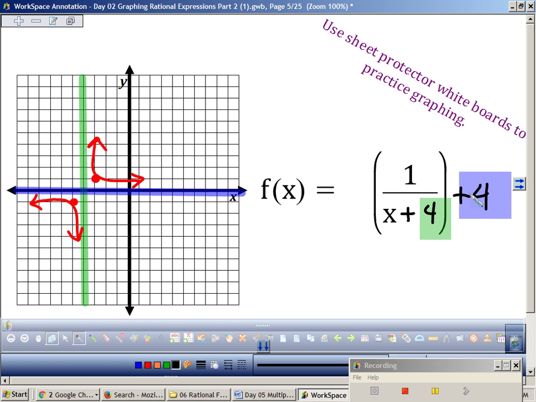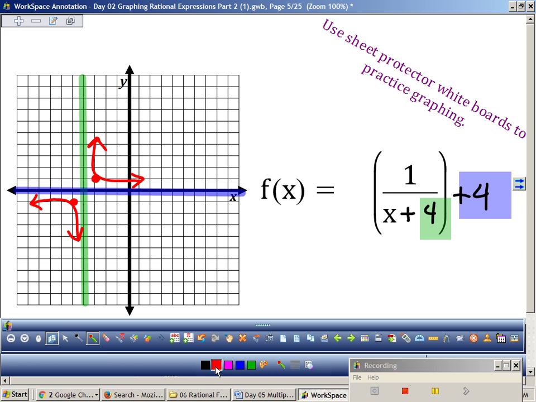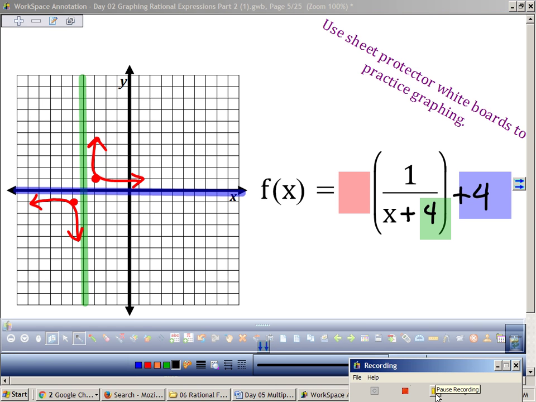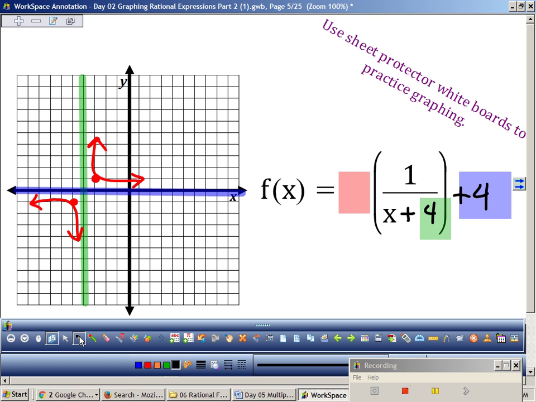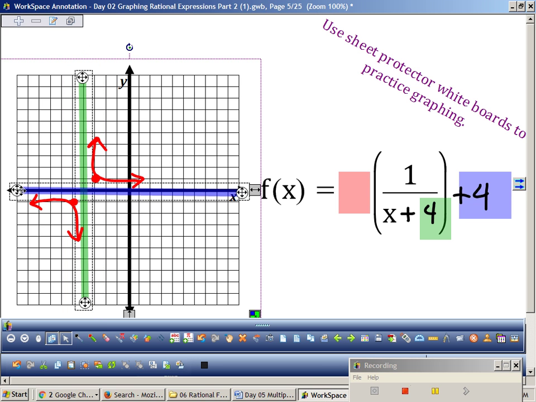Show me on your whiteboard. When it's nothing there, it's 0. Oh, this is 1, yes. When there's nothing there, it's 1. Let's put that in front, right there. Okay. So, this one, all this goes away.